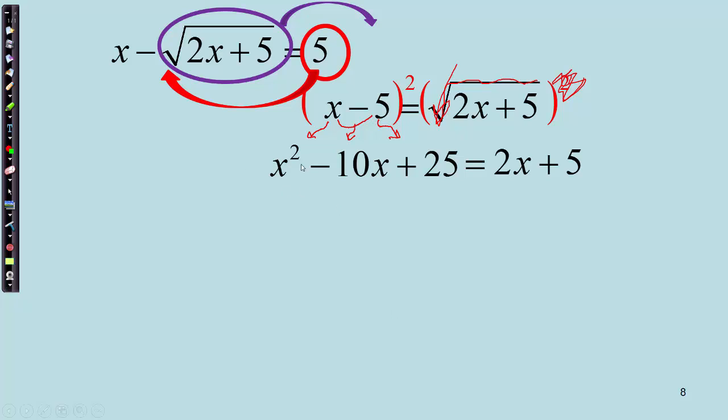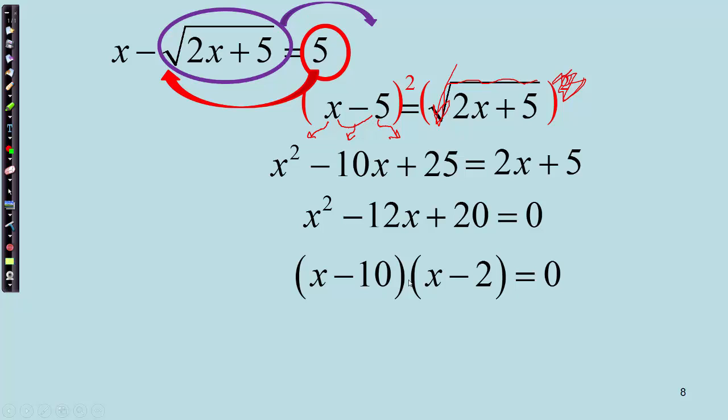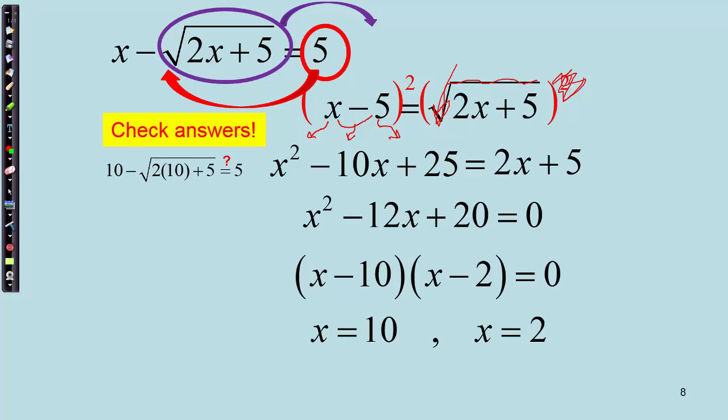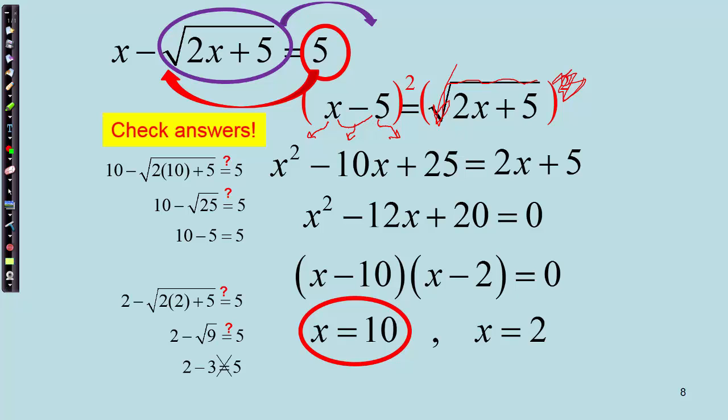And I recognize that this is a quadratic equation. I need to get everything together on one side, move the 2x over to the left, move the 5 to the left, and we can do our factoring. Set each of those equal to 0, solve for x, and check the answers. 10 checks, and 2 does not.